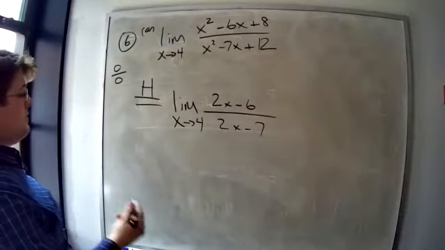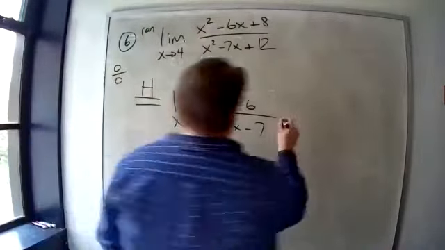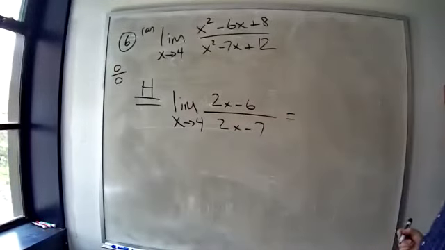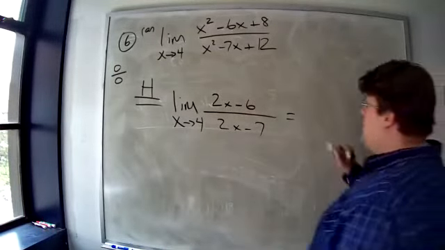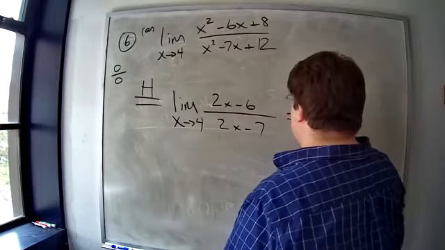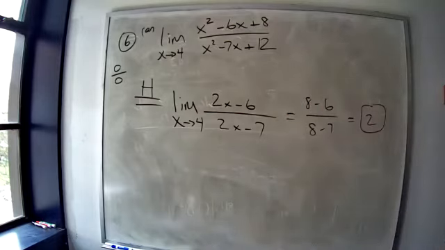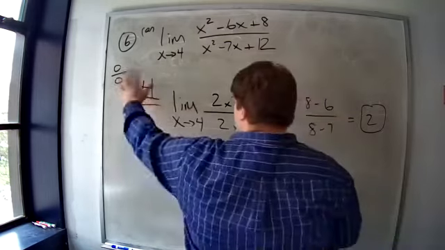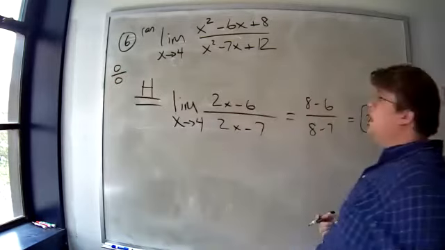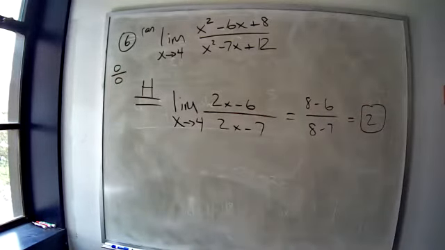And now we can take this other limit. And here, we again try a substitution. And in this case, it does work. You get 8 minus 6 over 8 minus 7, 2 over 1, which is 2. So in this case, we were able to use this rule because we had a 0 over 0.